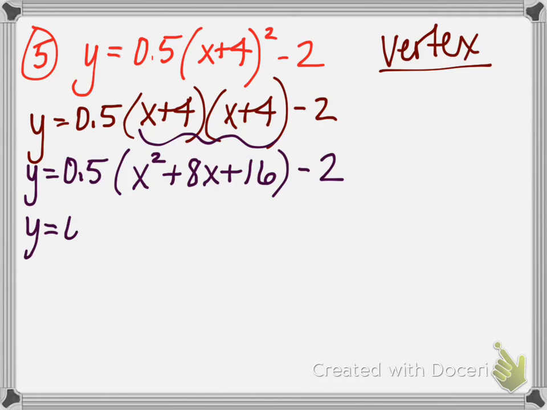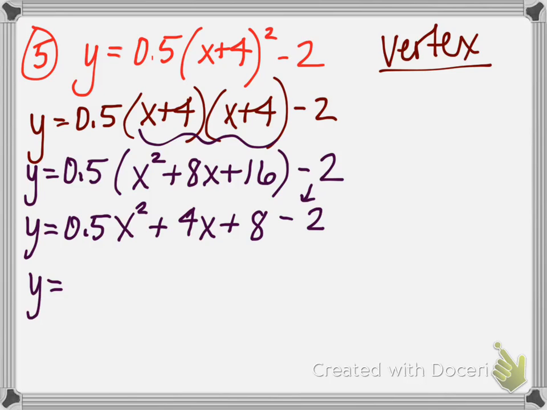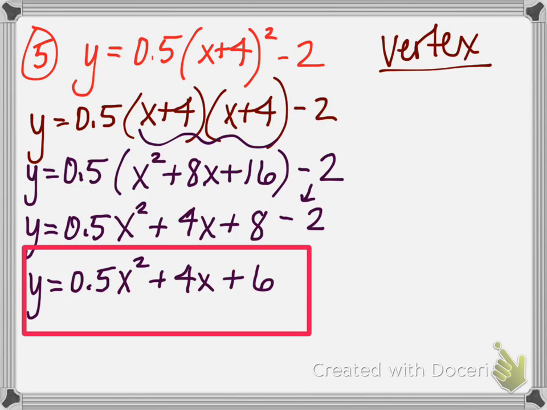So y equals 0.5x squared. Half of 8 is 4x. Half of 16 is 8. And then the minus 2 comes down. So you end up here, y equals 0.5x squared plus 4x plus 6. There you are for number 5.